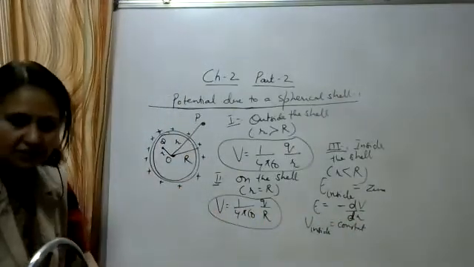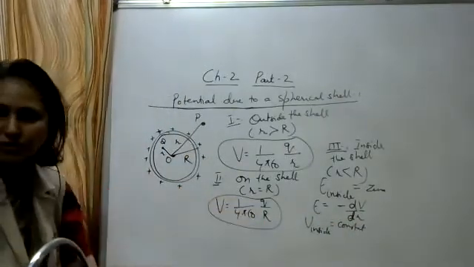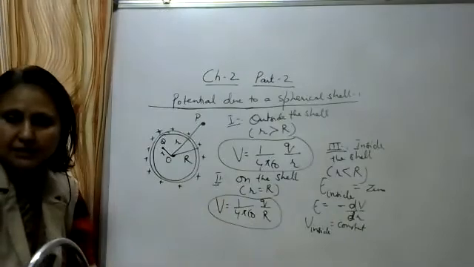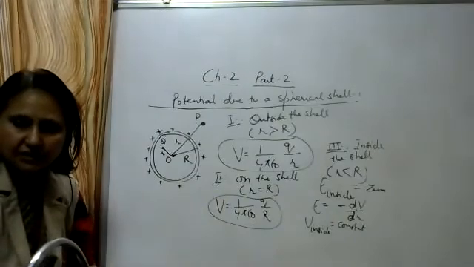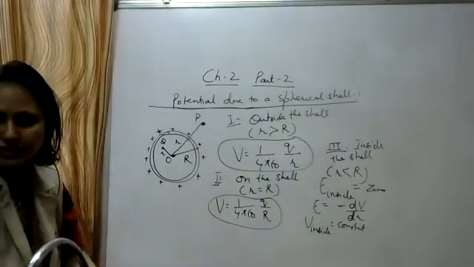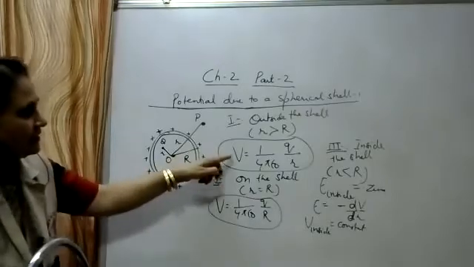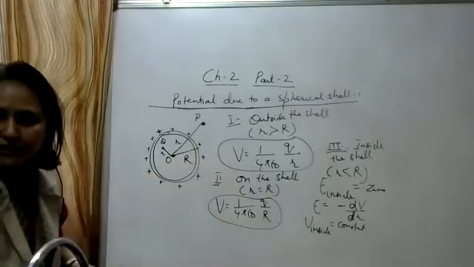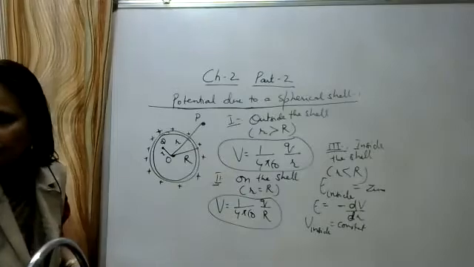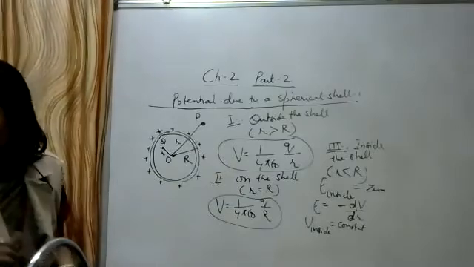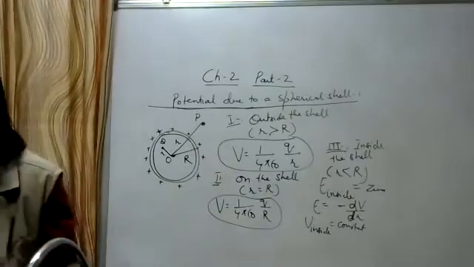So the potential is the same inside as well as on the spherical shell, whereas outside the shell, it will be inversely proportional to small r.